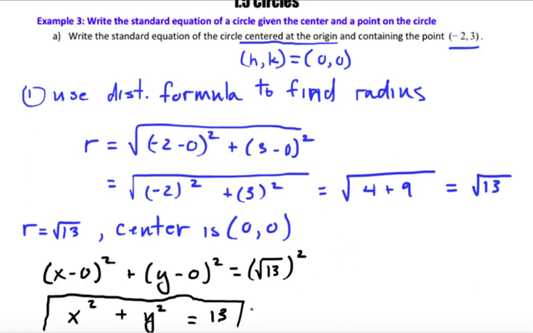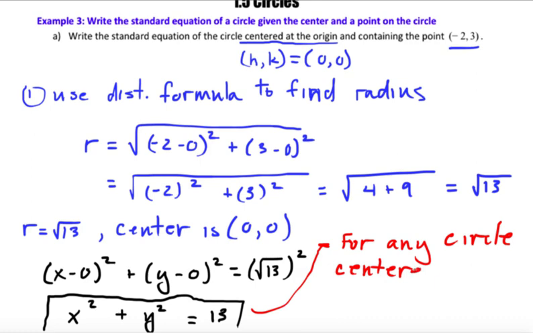So this gives us a little note here: for any circle centered at the origin, the equation is going to be in the form of x squared plus y squared equals radius squared.